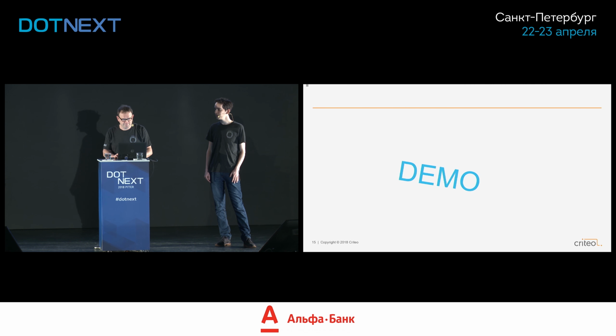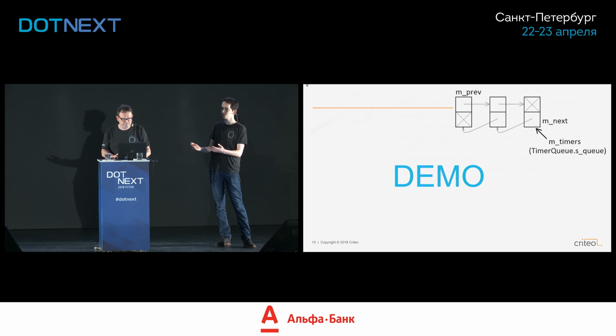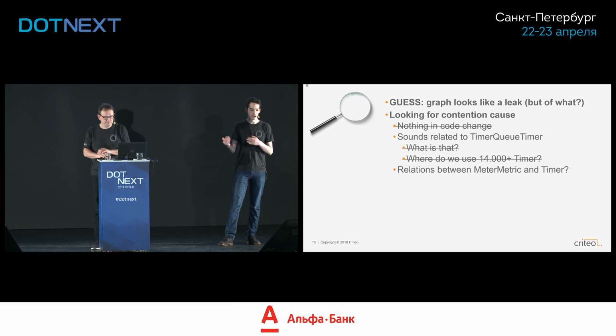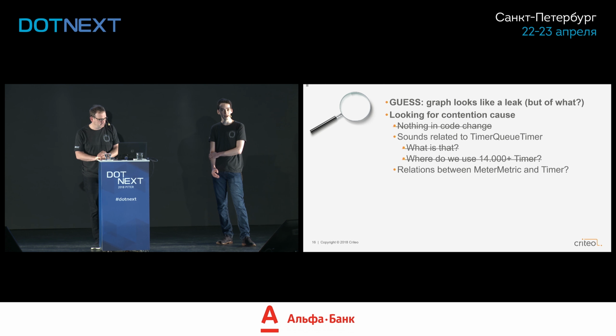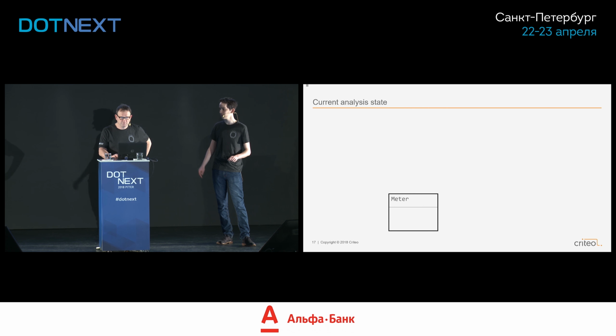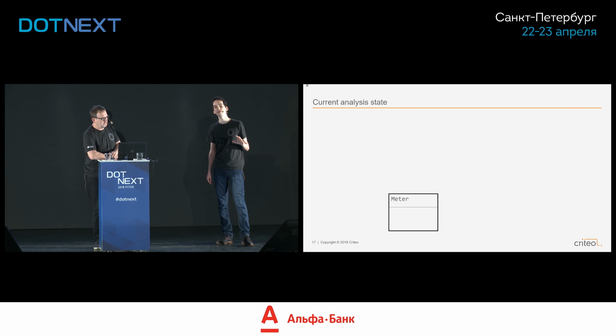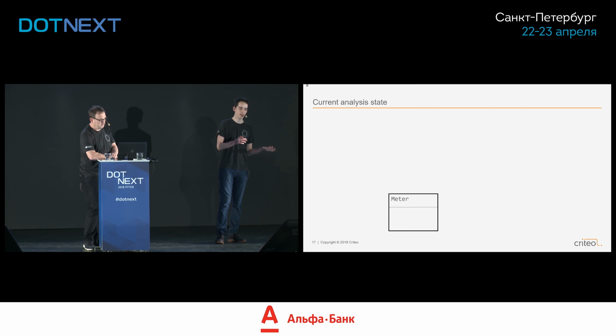So clearly now we know that it has something to do with that metermetric type, which is something that was implemented at Criteo. So it's time to dig into the code to understand what it's doing. And for simplicity's sake, we won't show the actual code, but just a summary, a big picture of what it's doing. So actually, nobody uses the metermetric type directly.